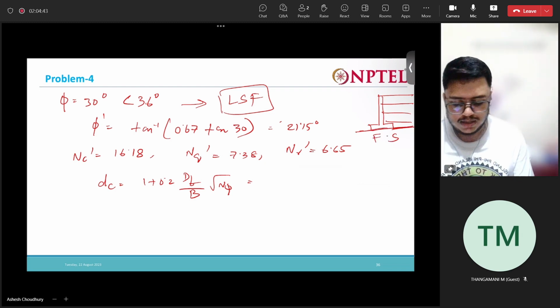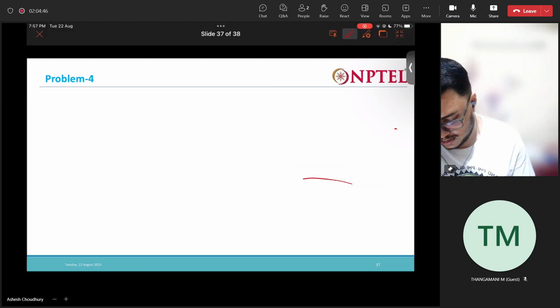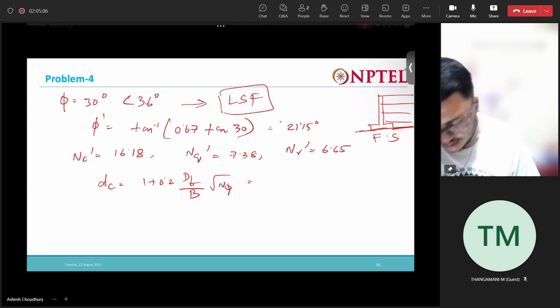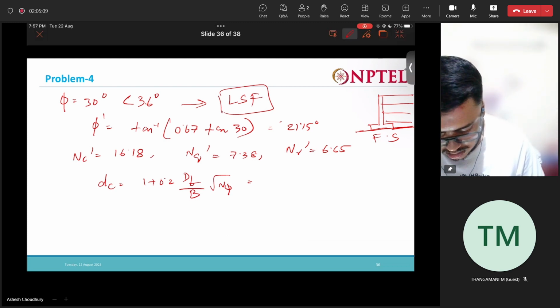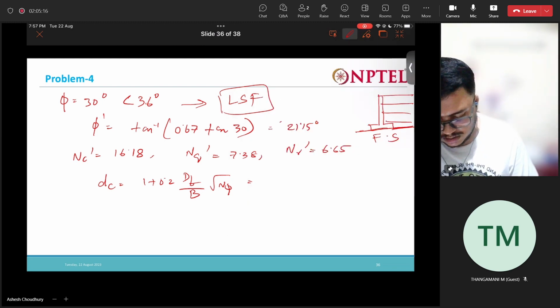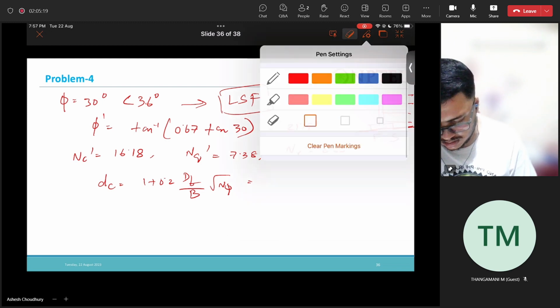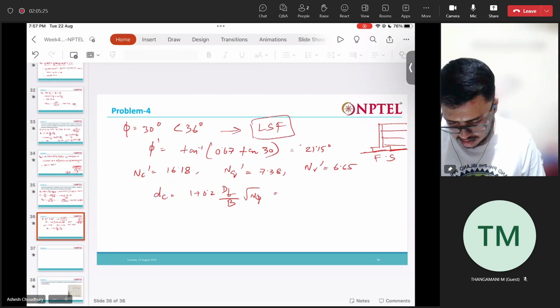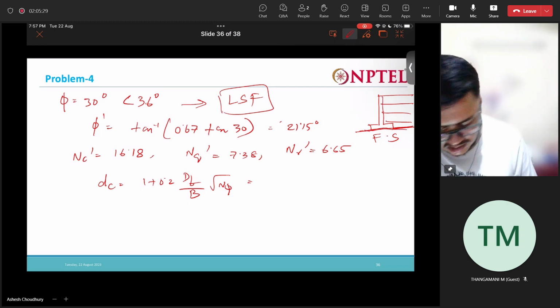This is constructed. So, this is the foundation soil, right?